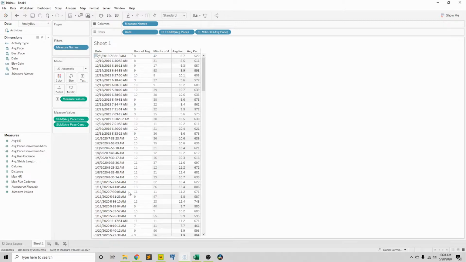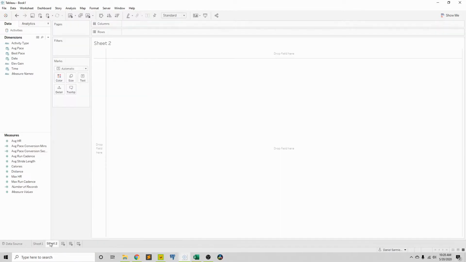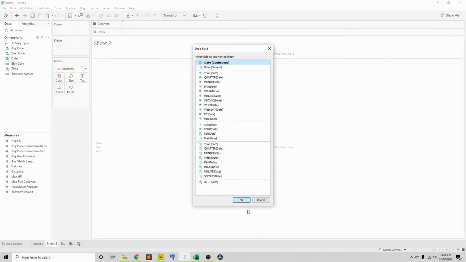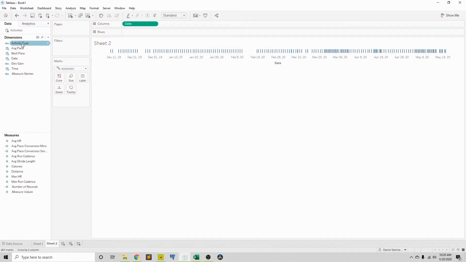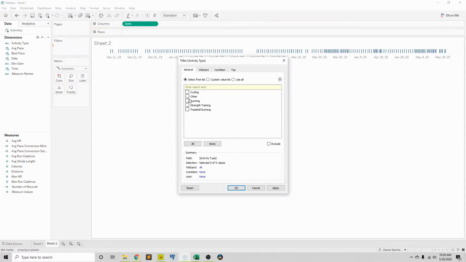I want to show you my problem with using mile pace for your graphing. Let's look at my progress, and I only want to look at the progress for running.